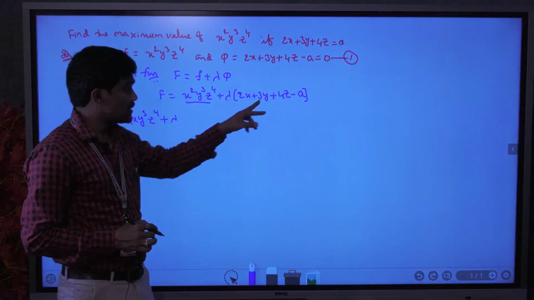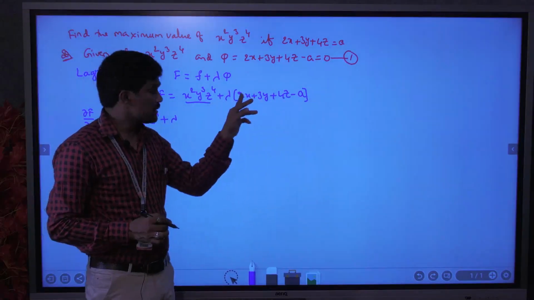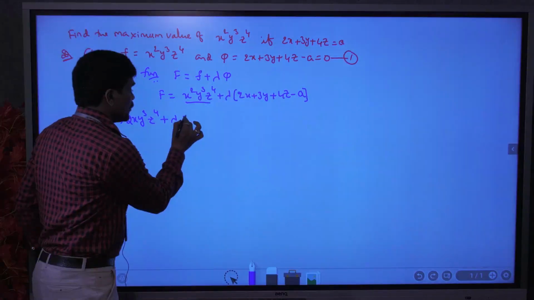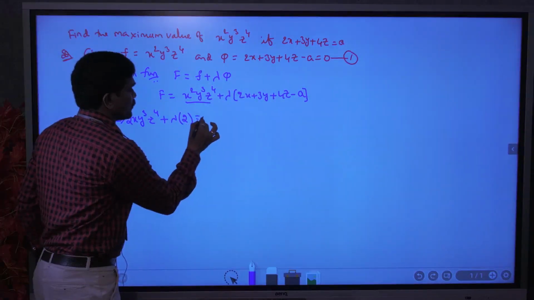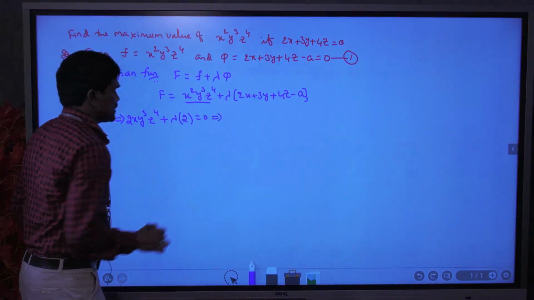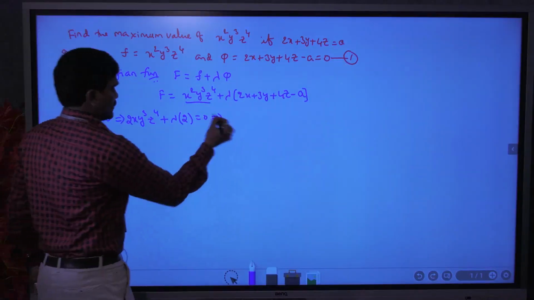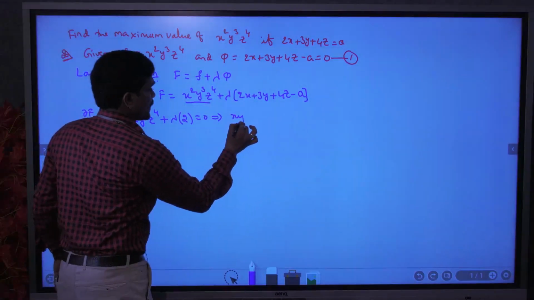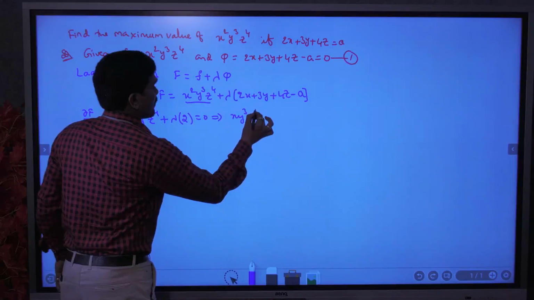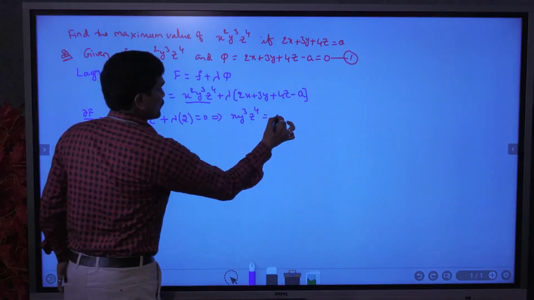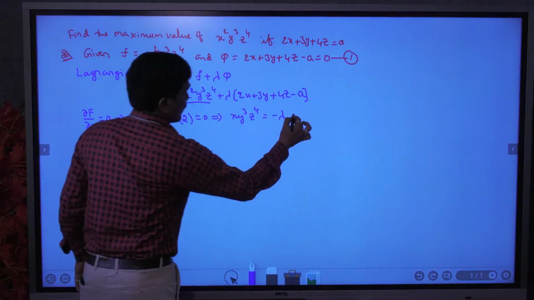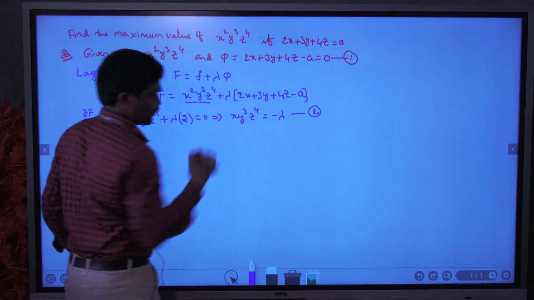With respect to x, y and z are constants, clearly 2x derivative is 2, is equal to 0. So 2 is common, and this can be written as x y cube z power 4 is equal to minus lambda. Let it be equation 2.